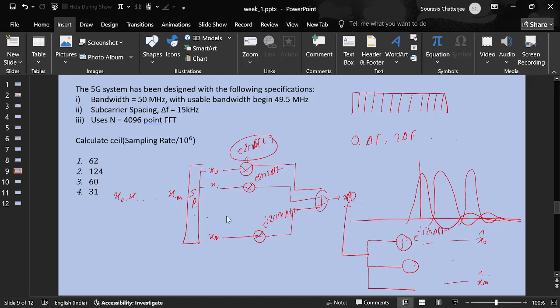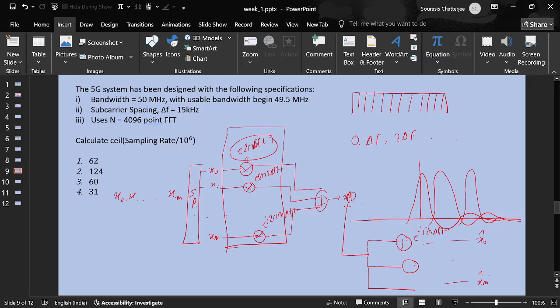You do an N-point FFT, or actually inverse FFT. Correct, inverse FFT. FFT will take you from time to frequency domain. You have to do IFFT, because that will take you from frequency to time domain. So you will do an N-point IFFT here. This entire thing will be replaced.